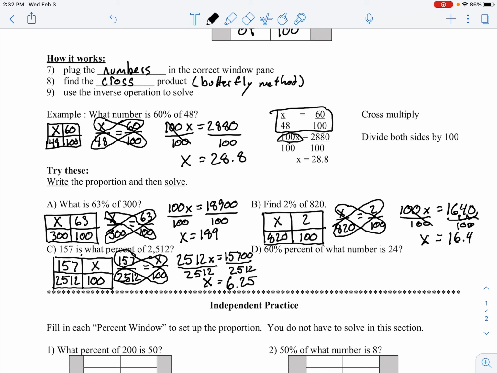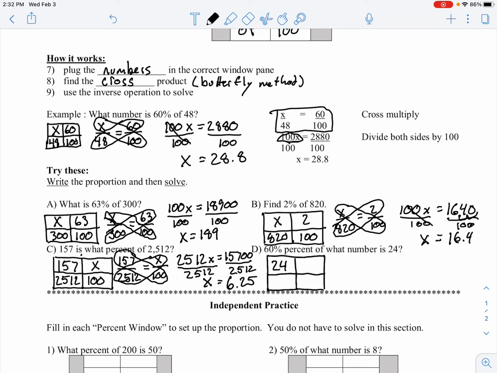So we should have a pretty good idea of what we're doing by now. So once again, make our window. Remember, top left is. So is 24. Of what number? So we don't know what number we're looking for, right?